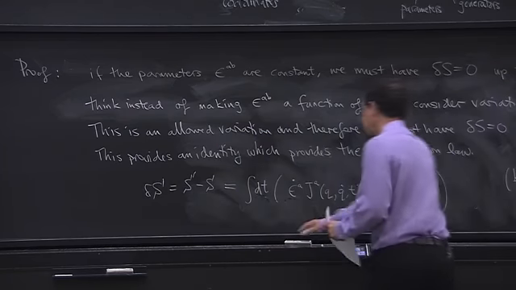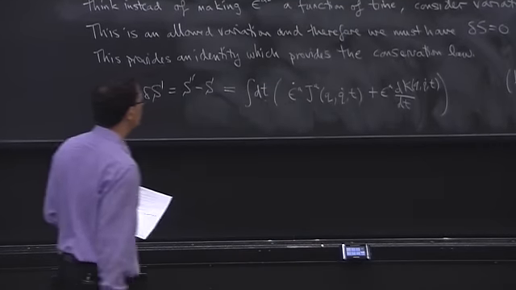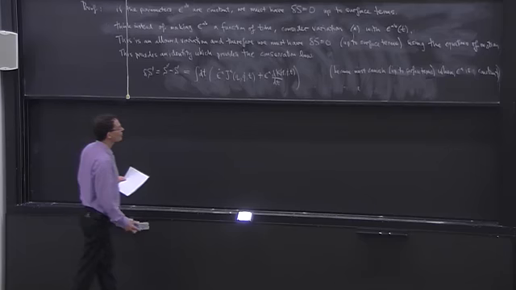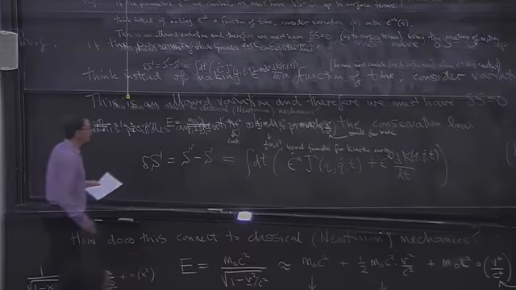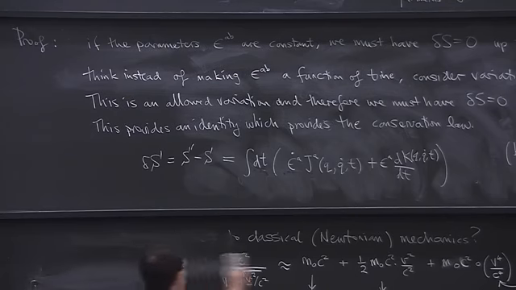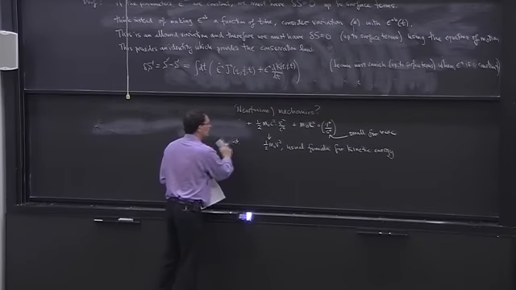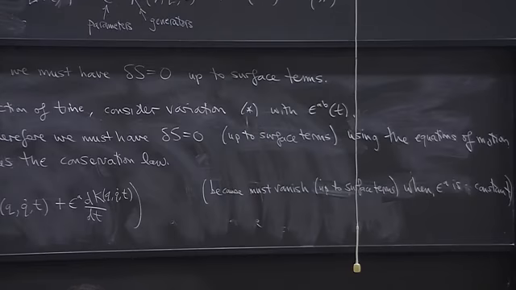Now, this is the only possibility for the variation of the action. But as we said, the variation of the action must be 0 for any variation.